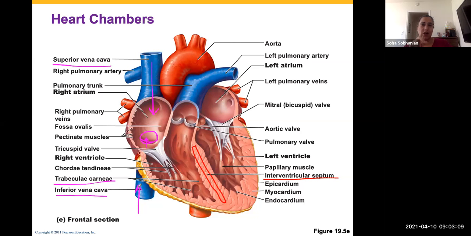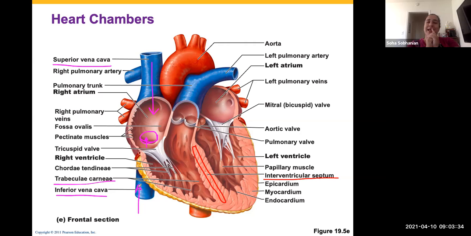Are they carrying oxygenated blood or deoxygenated? Or red or blue, basically. They're carrying oxygenated, correct. So immediately, guys, when you think about left, you should think what? Red, oxygenated, right? There is no other option for you guys, right?